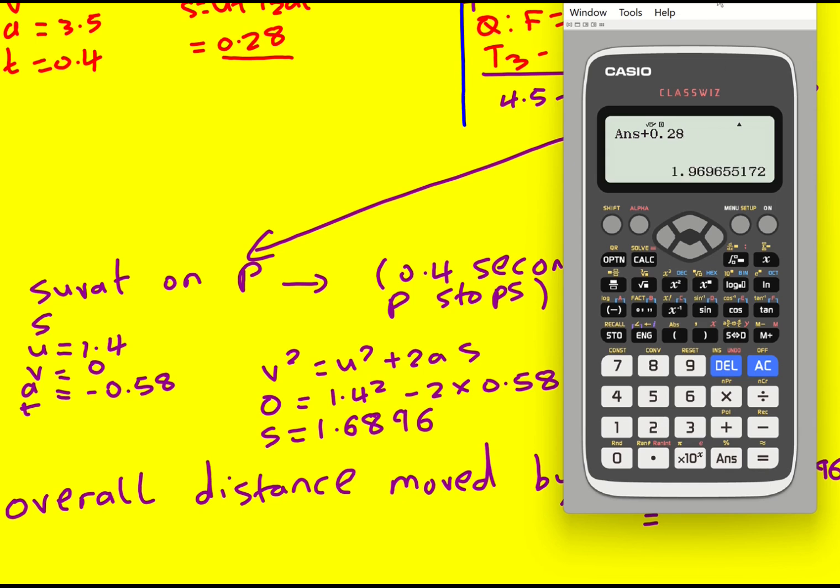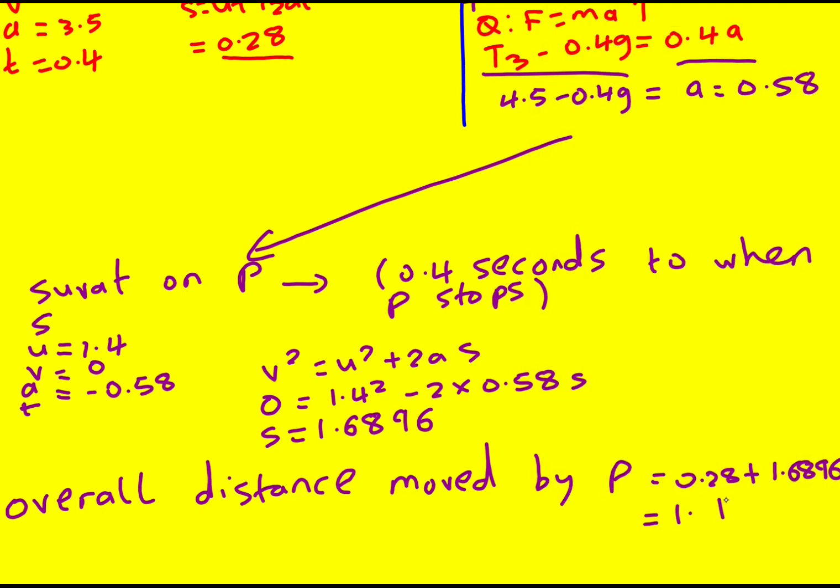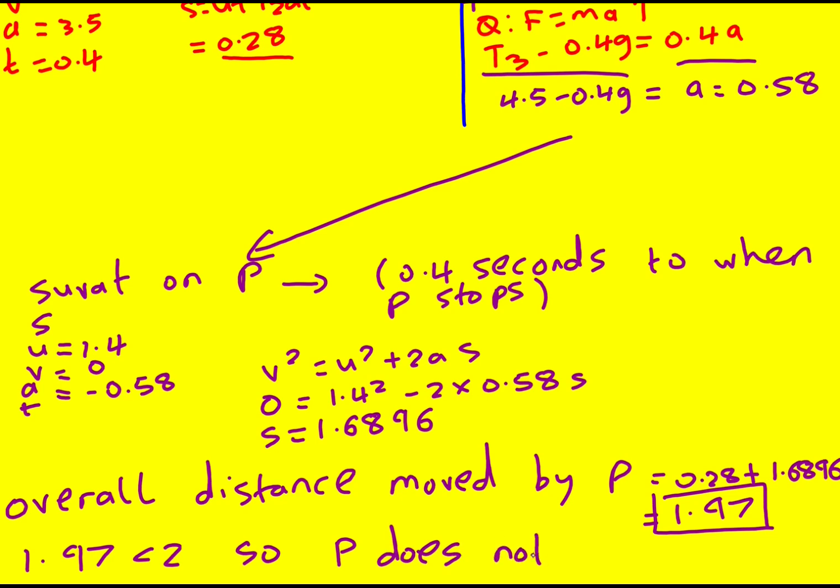So it gets very close to the pulley, but doesn't quite reach it. 1.97 meters. We could say 1.97 is less than 2, so P does not reach the pulley.